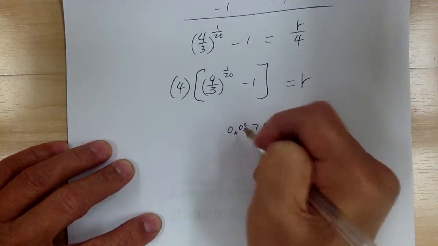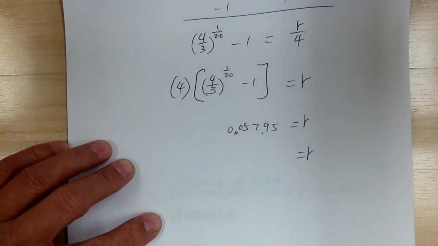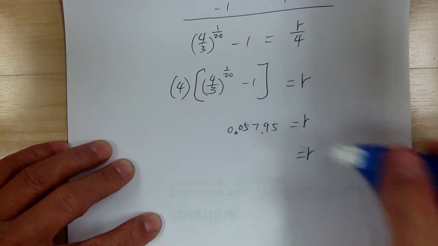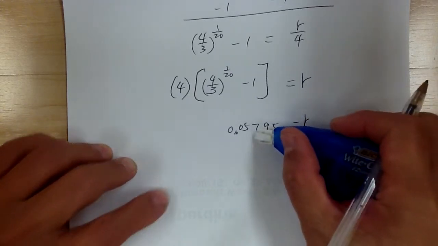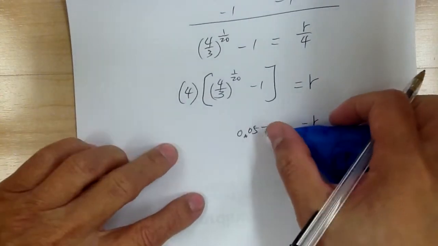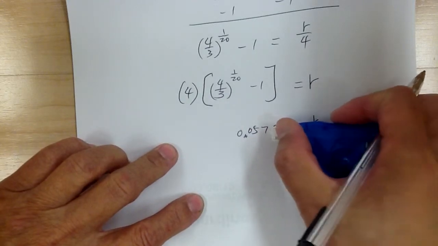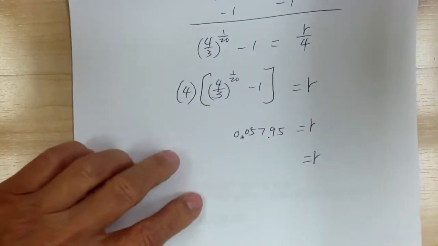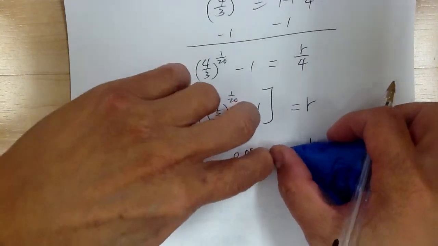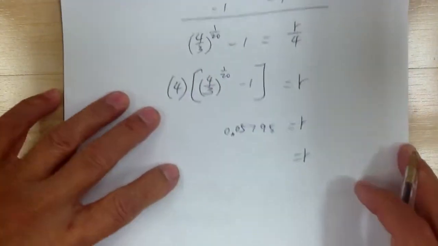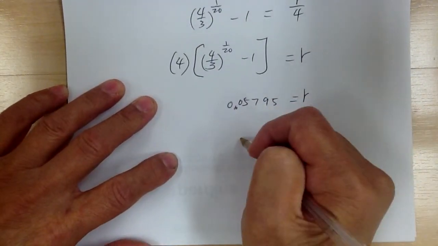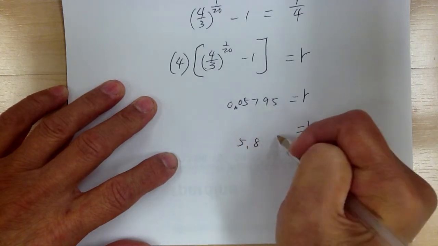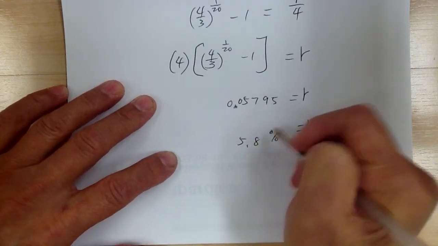So move over 2 places over, and you're going to get 5.8%. Okay, and you round up to that.